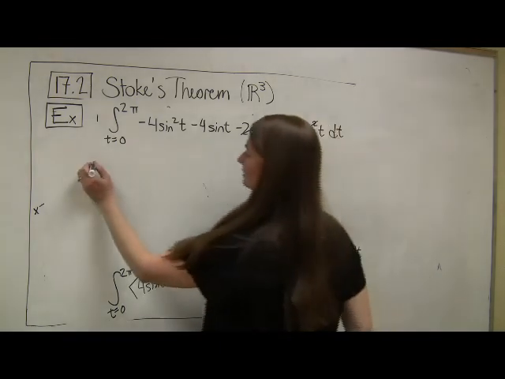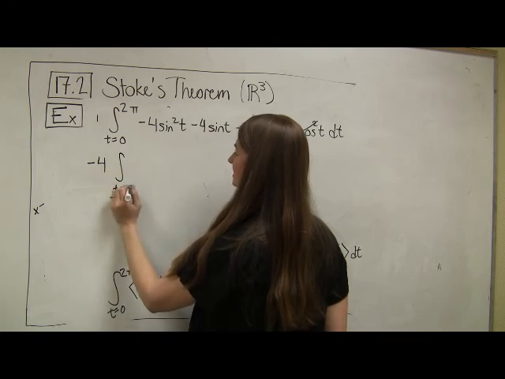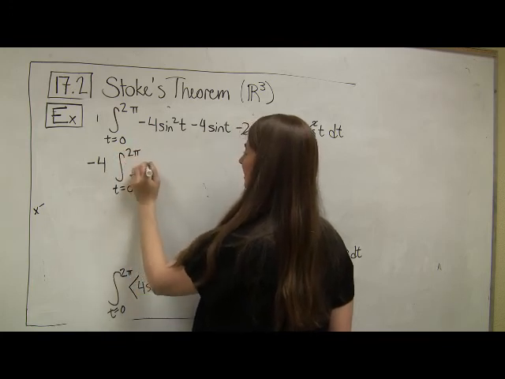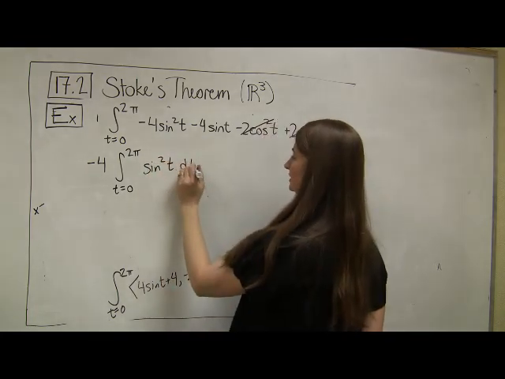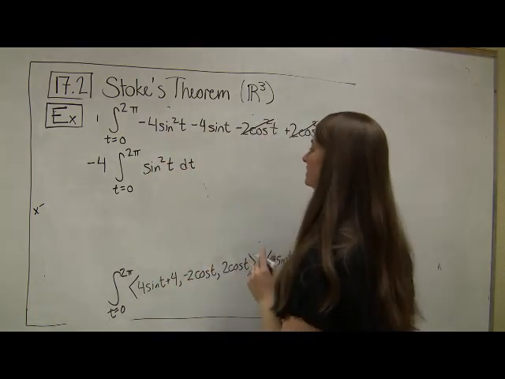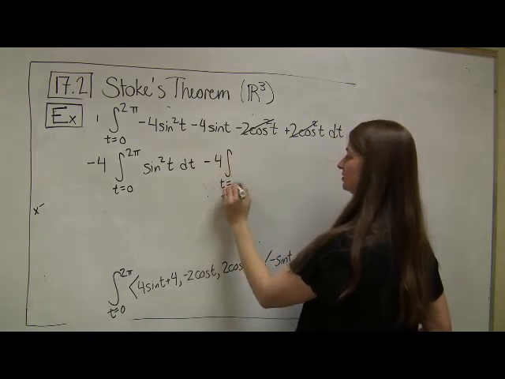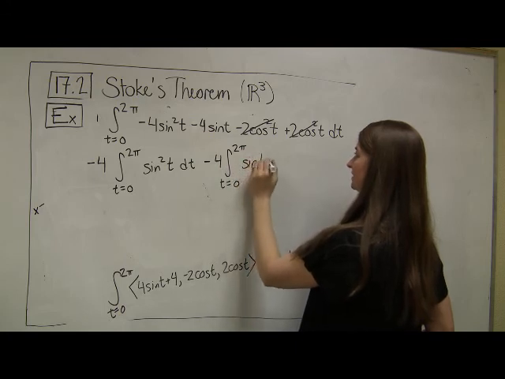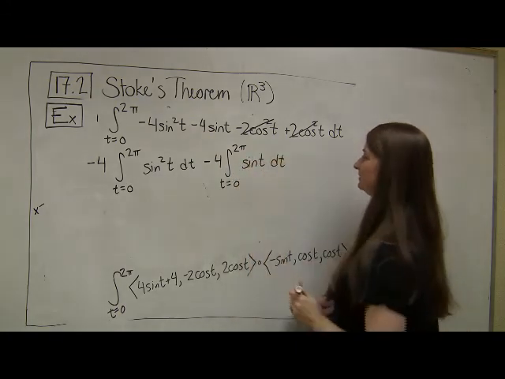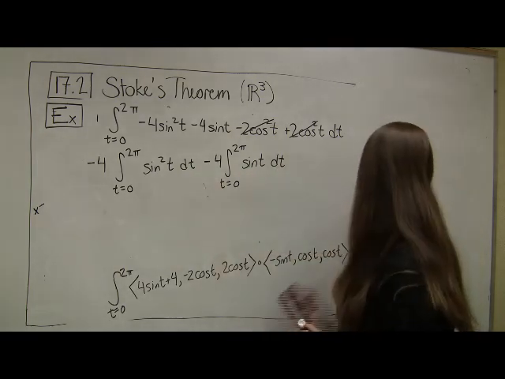And rewrite it as -4 times the integral as t goes from 0 to 2 pi of sine squared t dt. I'm splitting it up into two integrals. -4 times the integral as t goes from 0 to 2 pi of sine of t dt. I know how to integrate this one, but this one I actually need a trig substitution.